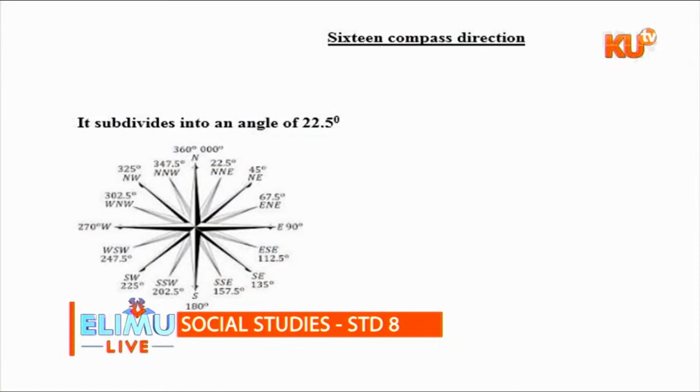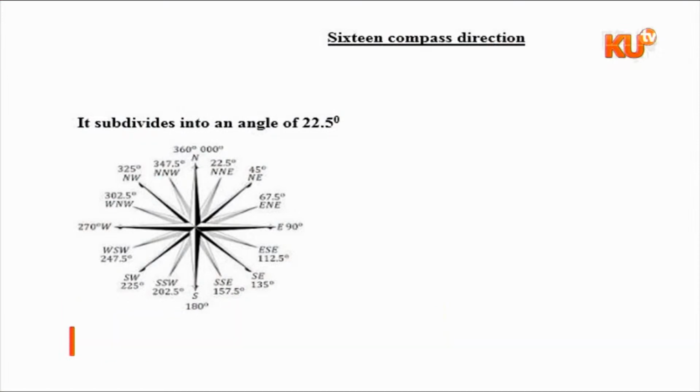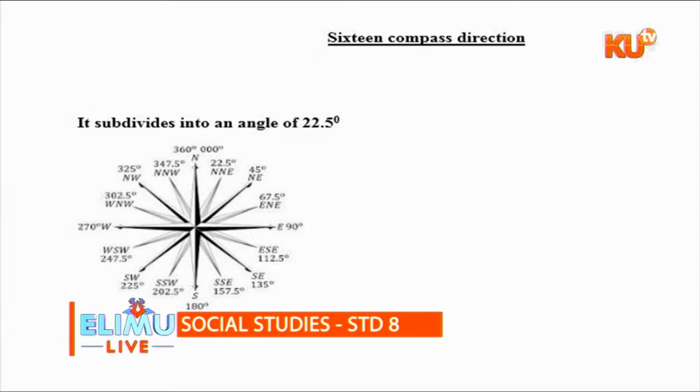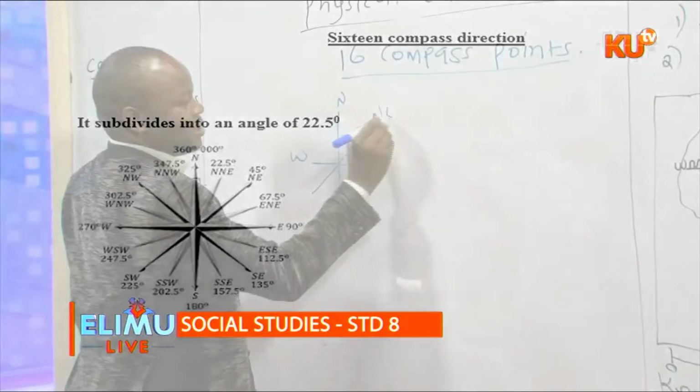Of course, the first one is this. Then the second, we are going to draw it as shown on the board. That one is northeast.